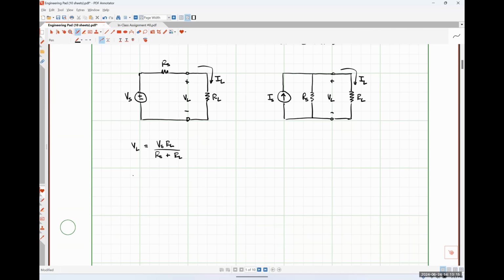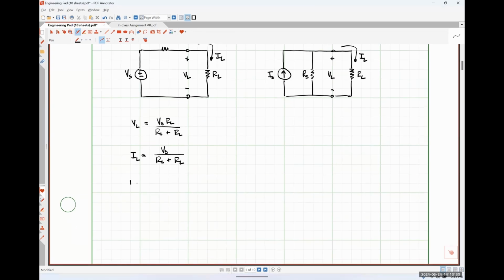If we wanted to find the current IL, we could do this simply using Ohm's law, where we would have Vs divided by Rs plus RL. And lastly, if we wanted to know the power that could be supplied to our load, that would simply be VL times IL, which is going to look like Vs squared RL over Rs plus RL quantity squared.